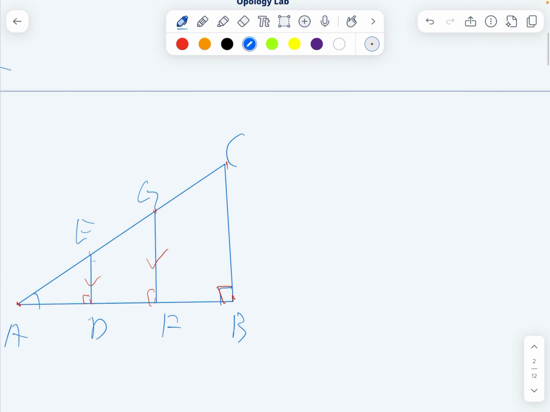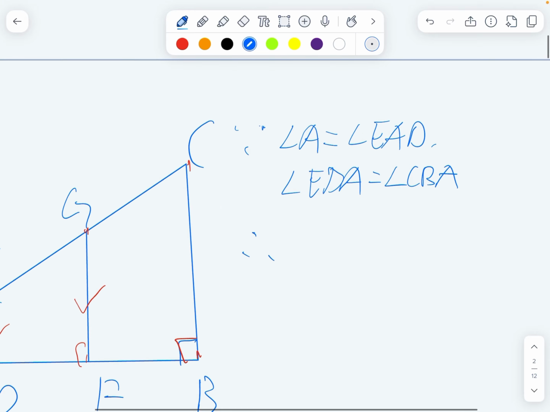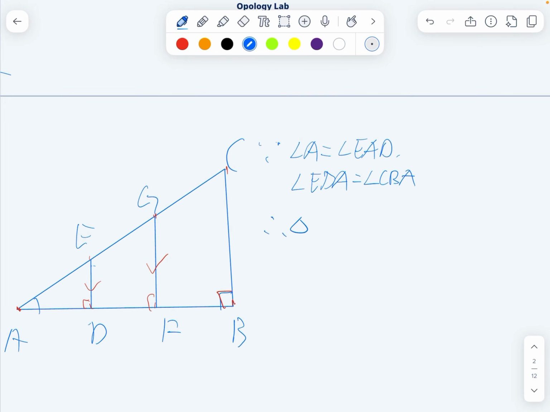First we can prove that there is a similarity, because angle EAD and angle EDA equal to triangle CBA. So we can get that triangle ADE is similar to ABC.